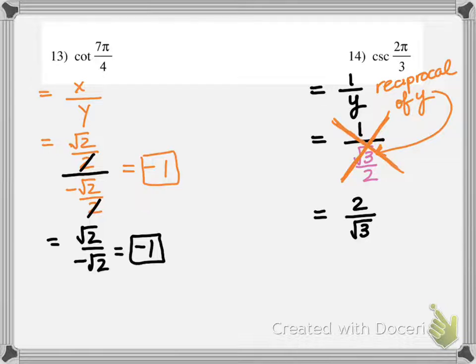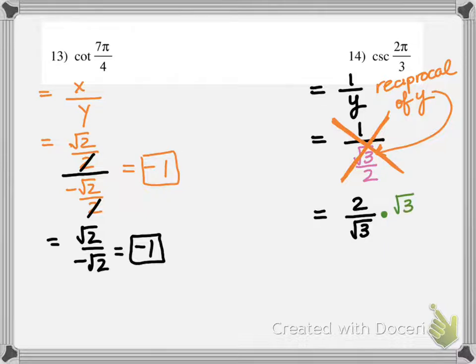For those two problems, for cosecant and secant, all I want you to do is take the reciprocal of the x or take the reciprocal of the y. So in this case, it's the y, so you flip it. Now, I do want you to notice, though, that when we flipped this problem, we ended up with a rational that has a radical in the denominator. So I need you to get rid of that radical by rationalizing.